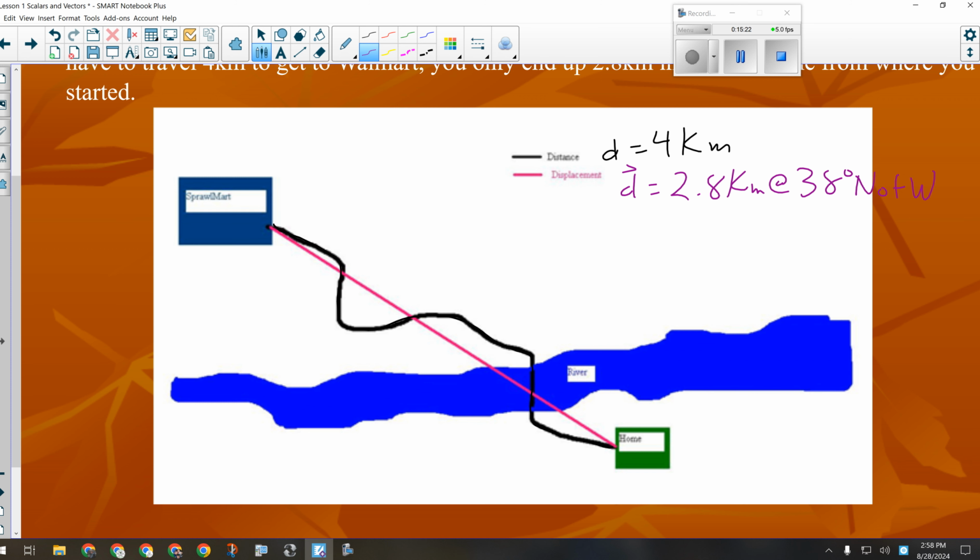Okay? That's how much I've changed my position. Okay? That's how far directly I am from my house. Unless I had a helicopter, I couldn't go that way. Okay? But that's how far I've changed my position by. Everyone following the difference? Okay? Same trip, but two different points of view. Both accurate. Okay? Both equally meaningful.